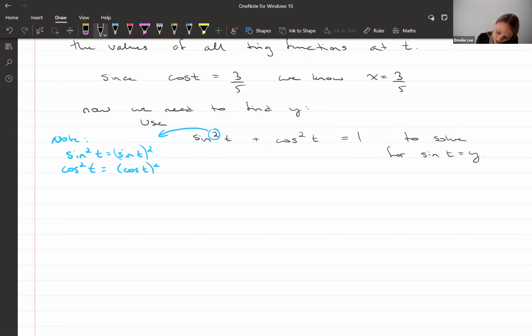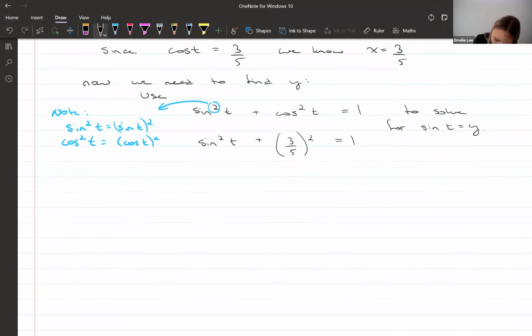Okay, so what we'll say is that sine squared t plus cos squared t equals 1, and I know cos t is 3 over 5, so what I have is actually 3 over 5 squared. Because I'm dividing inside 3 over 5, I can bring that square inside. So I get sine squared t plus 9 over 25 equals 1.